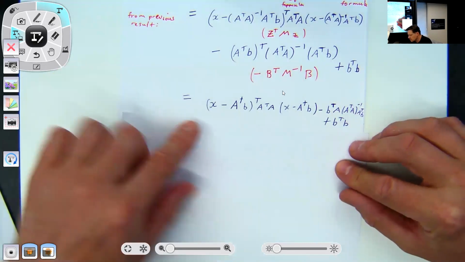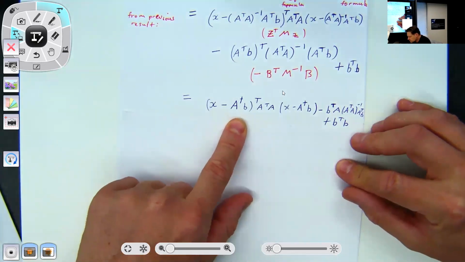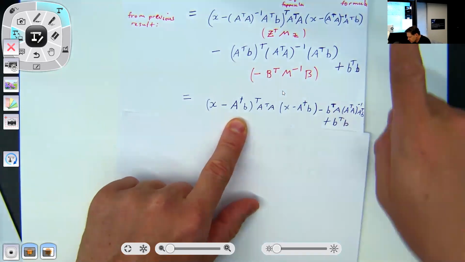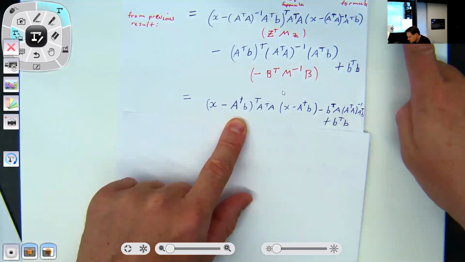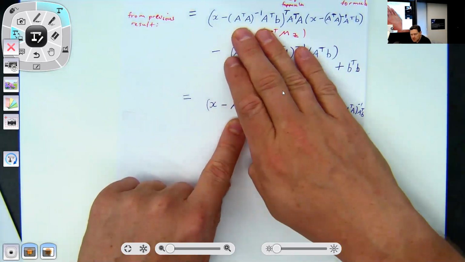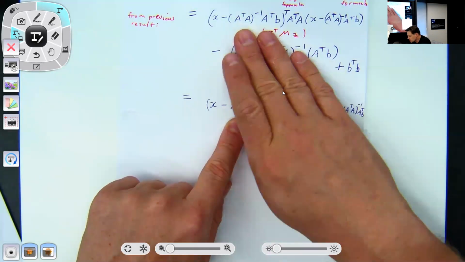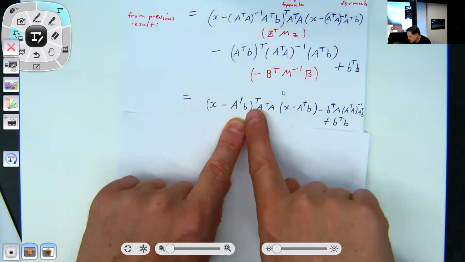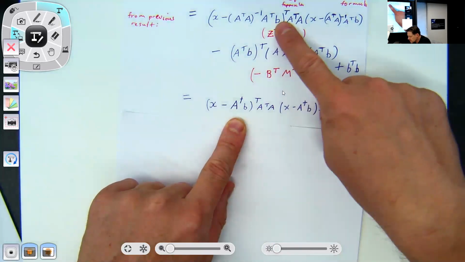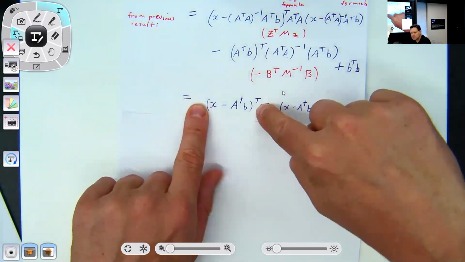So here I've got the pseudo inverse, right? But that pseudo inverse is all of this, right? So A transpose times A inverted times A transpose, so that should be our pseudo inverse. And then we've got the lowercase b there, and then it all got transposed. So that's a little bit more concise now, okay?